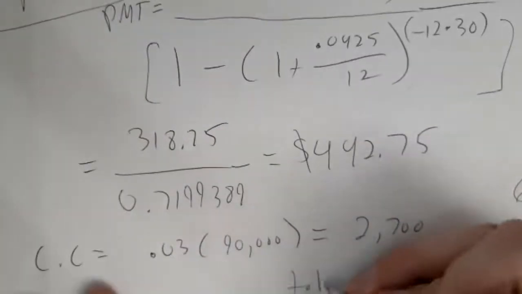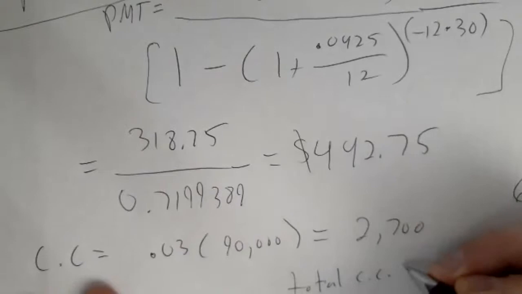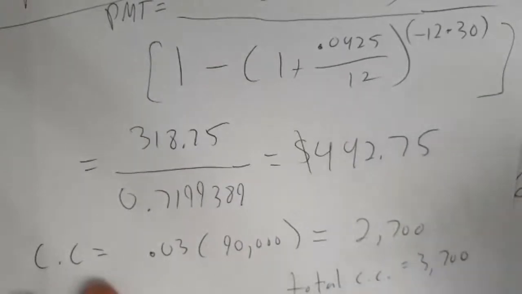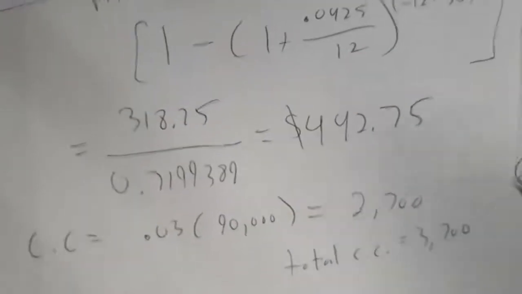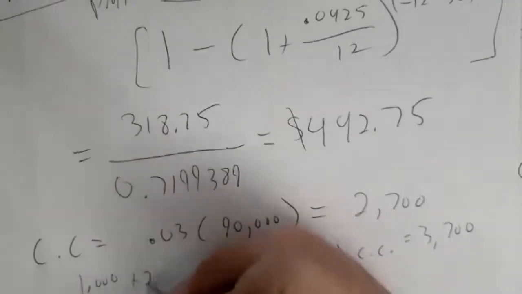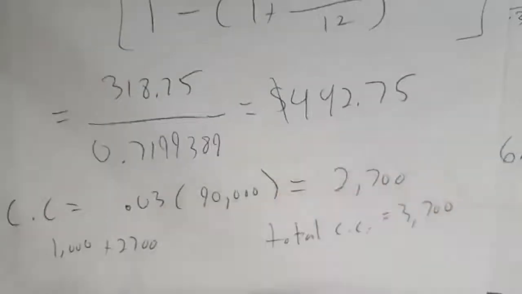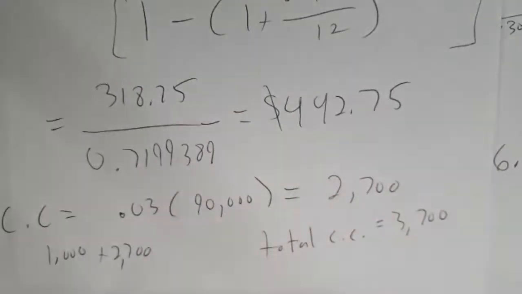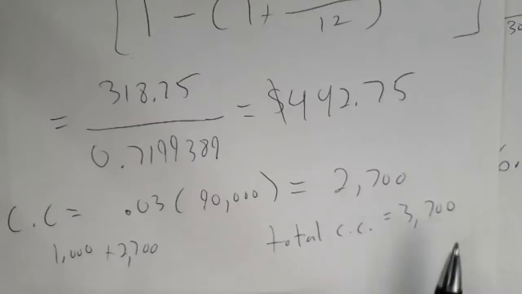So the total closing cost will be 3,700. I'm adding it back to the 1,000 that they told me in the problem. It's in the words. This is $1,000 flat. This is the 3 points they're talking about. My total closing cost would be 3,700. Whew. Okay.